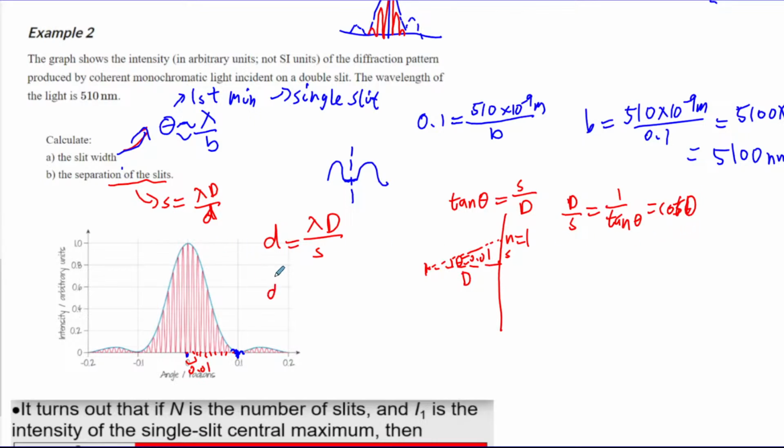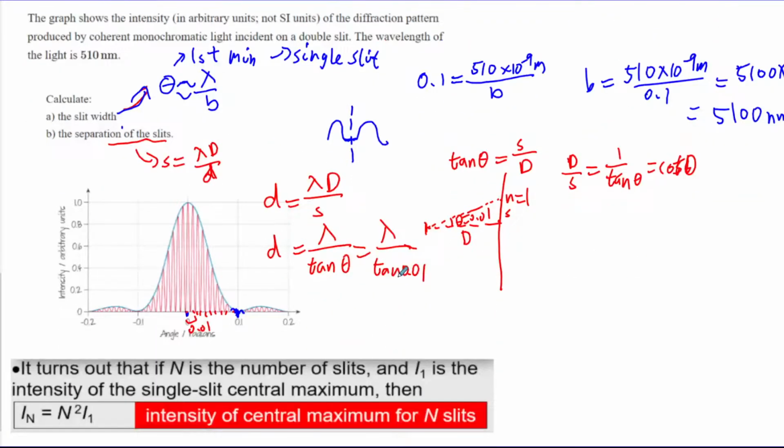So d is just lambda over tangent of the angle, which is lambda over tangent of 0.01 radians, whatever that is equal to, which I cannot do in my head. All right. So that's it. You can do that as well.